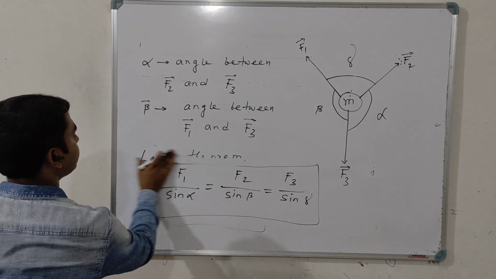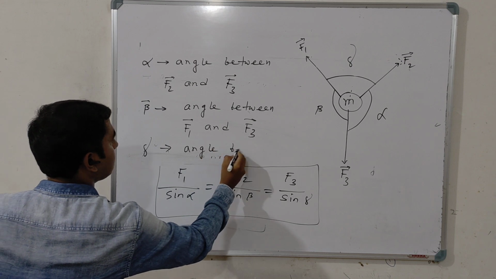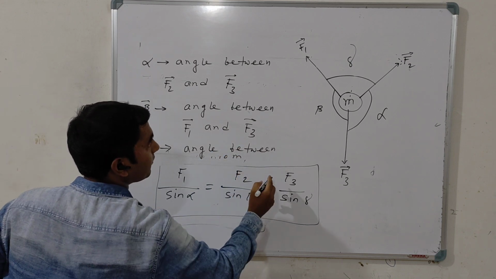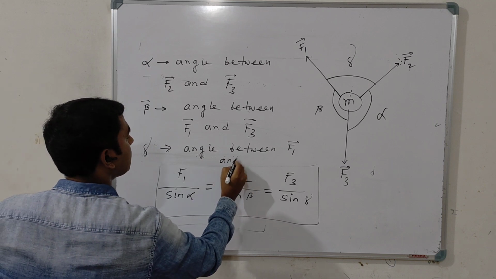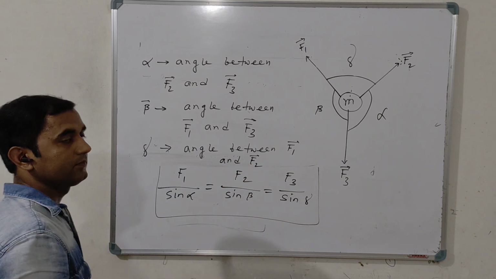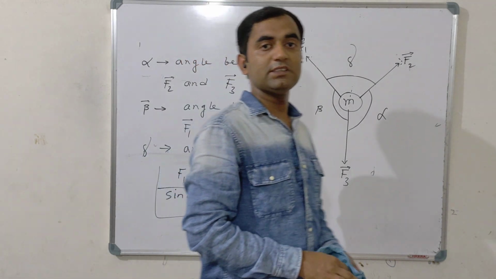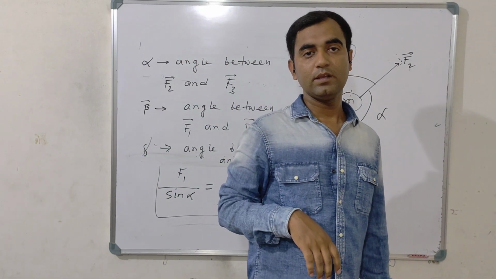And what is gamma? Gamma is the angle between F1 and F2. Okay. In the next video, we will discuss numericals based on this theorem. Thank you.